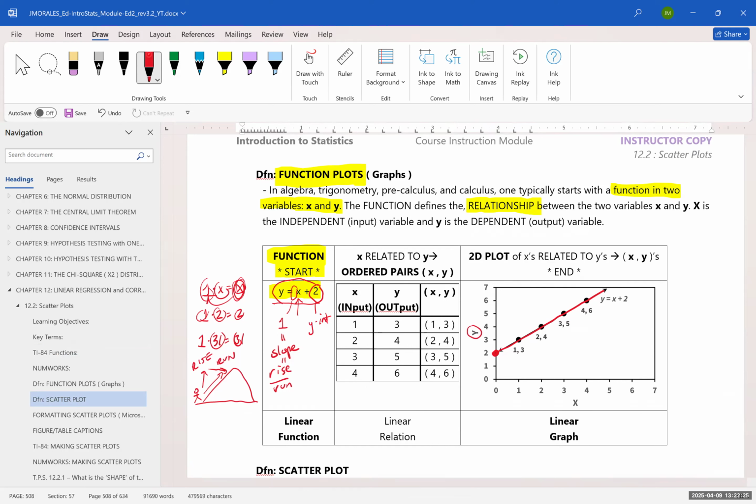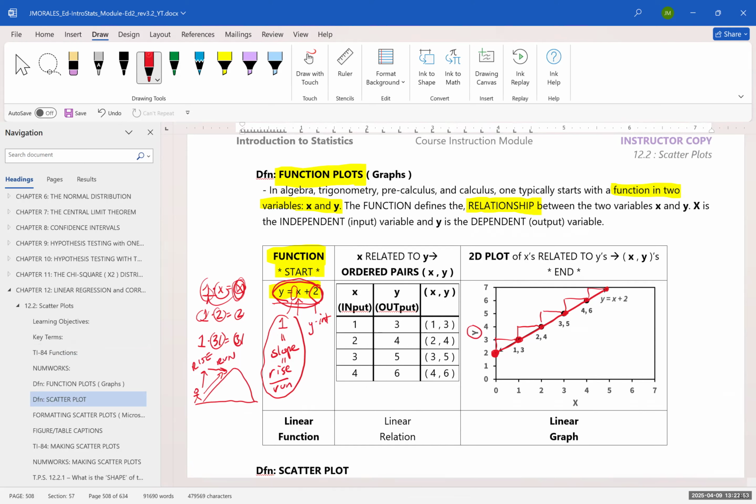And from this function that we've started with, we know that we've got a slope of 1, which means that starting from our y-intercept, we're going to have a rise of 1 and a run of 1. Rise of 1, run of 1.